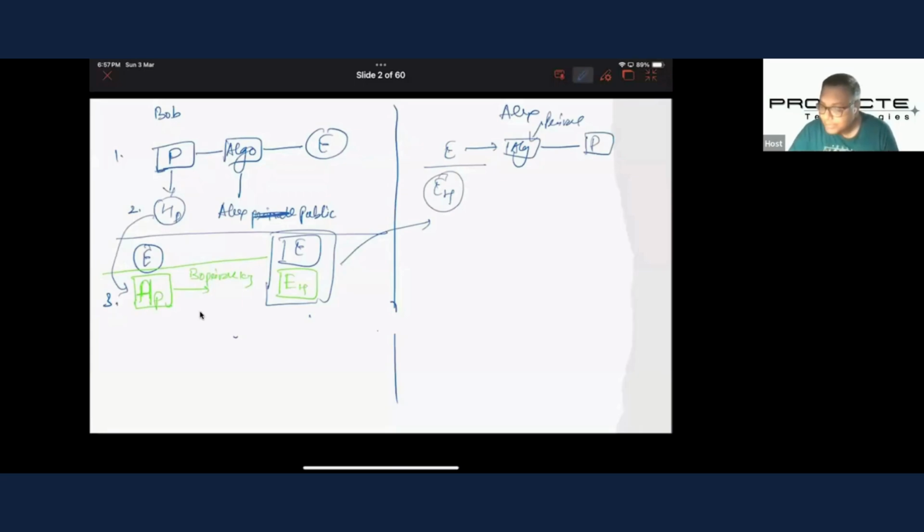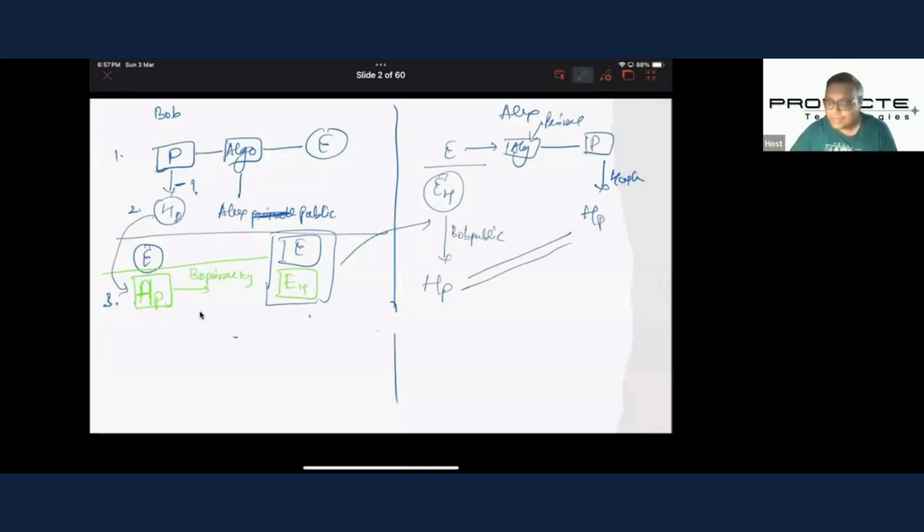So he takes the plain text and hashes it with the same algorithm which was used here, and he gets the hash of the message. He also takes the encrypted hash which has come with Bob's private key, and uses Bob's public key. What he gets is the original hash. And then he compares these.